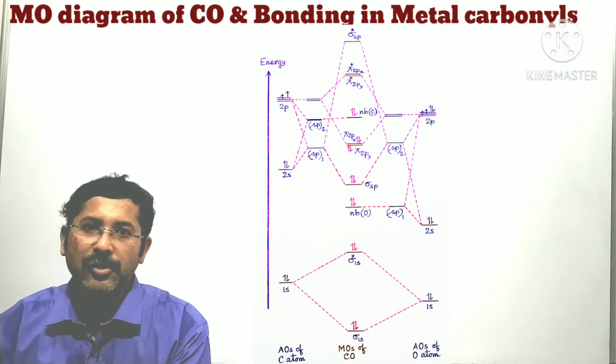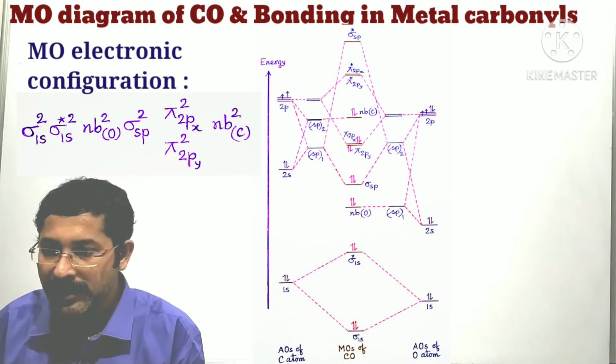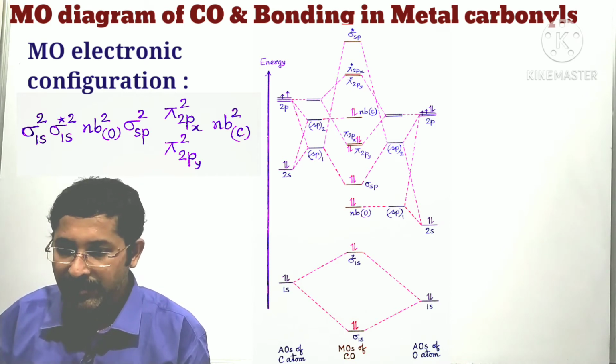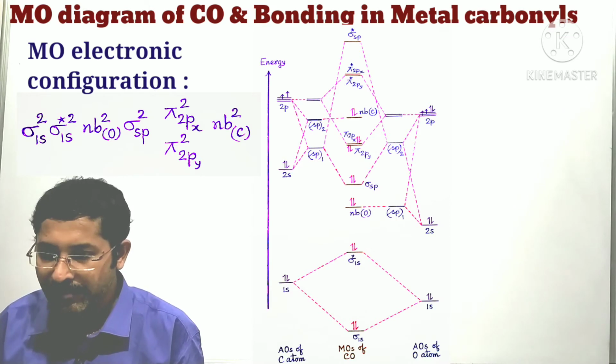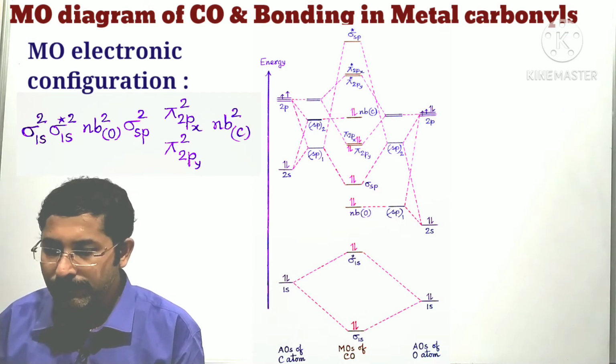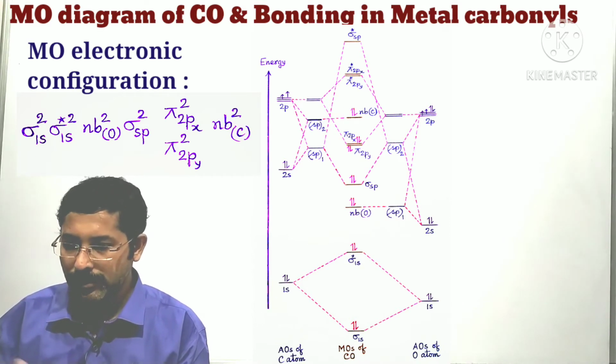So the electronic configuration of carbon monoxide on the basis of this molecular orbital diagram is written in this way: sigma 1s2, sigma star 1s2, non-bonding oxygen 2, sigma sp2, pi 2px2, pi 2py2, and non-bonding carbon 2.